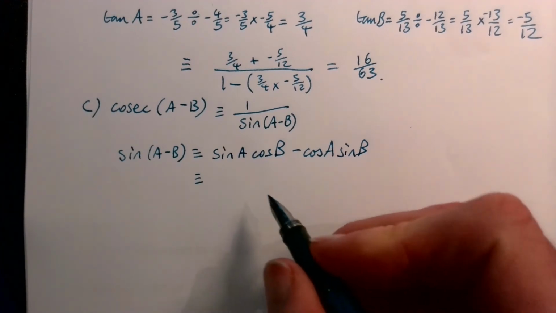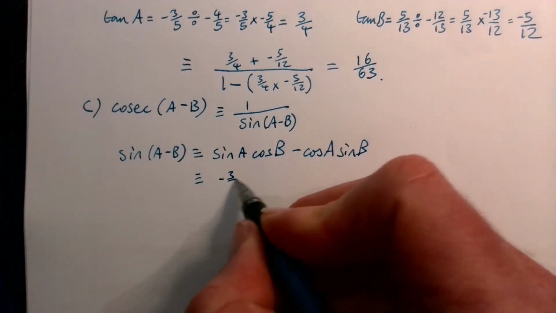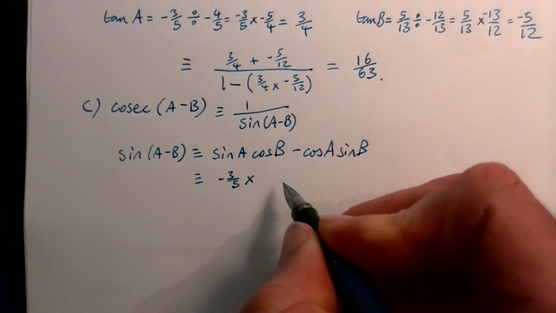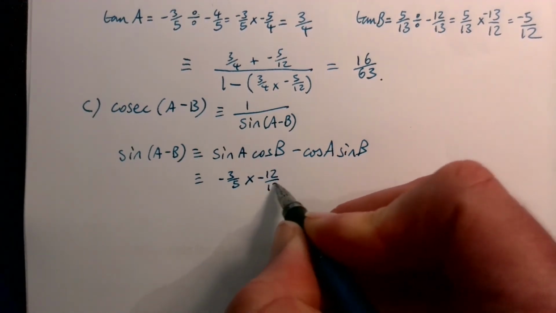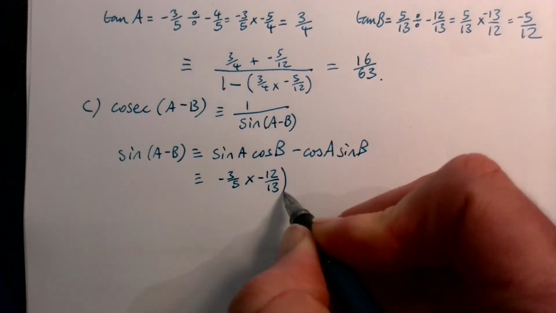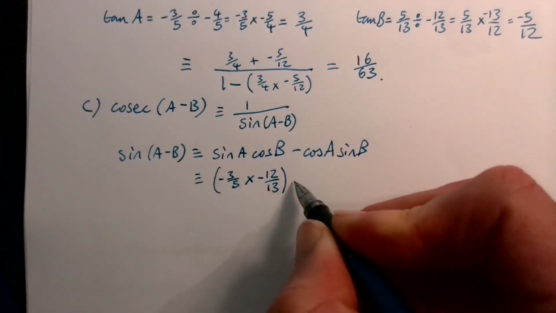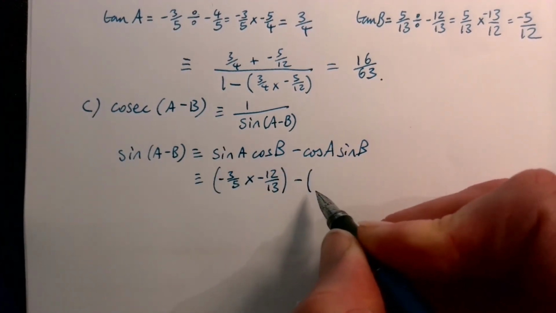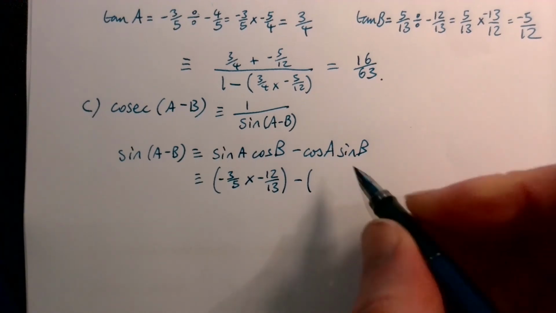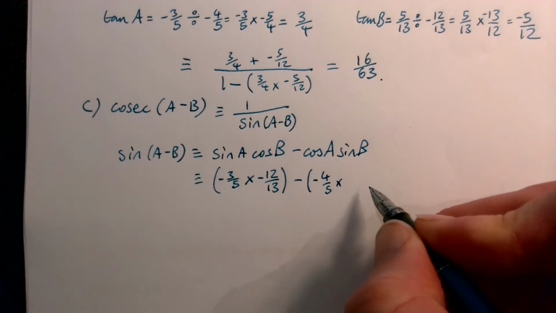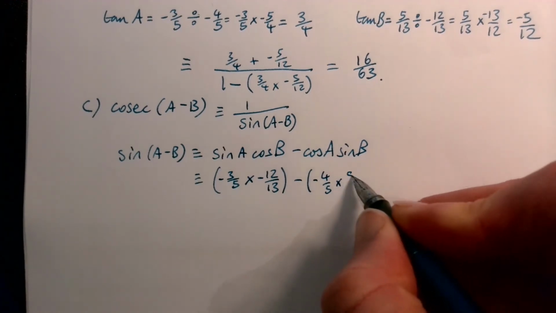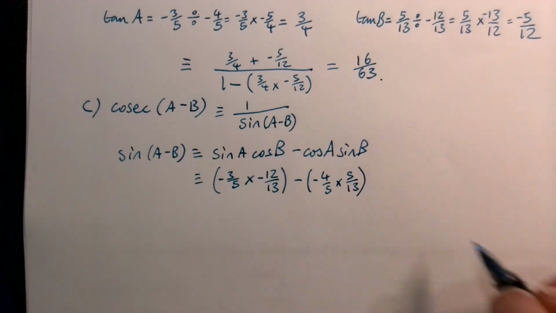Plug in the values that we know. So we know that sine A is -3/5, and we're multiplying that by cos B, which is -12/13. And then we're going to be taking away cos A, which is -4/5, multiplied by sine B, which was 5/13.